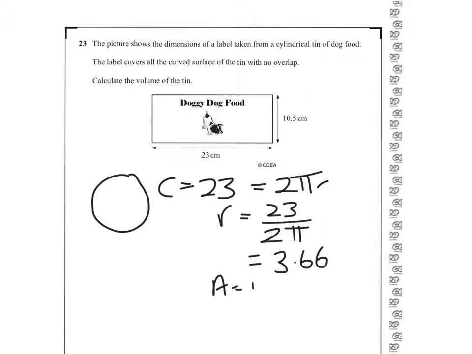Area is pi r squared, which gives you a cross-sectional area of 42. So the volume will then be the cross-sectional area times the height, which is 10.5, and that gives a volume of 442 centimetres cubed.